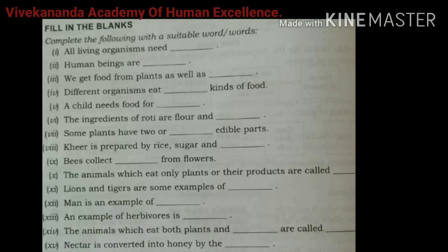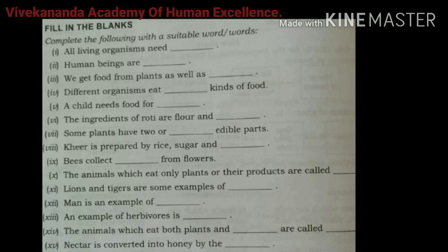Different organisms eat different kinds of food. A child needs food for what? A child means they are growing ones, so for better growth.